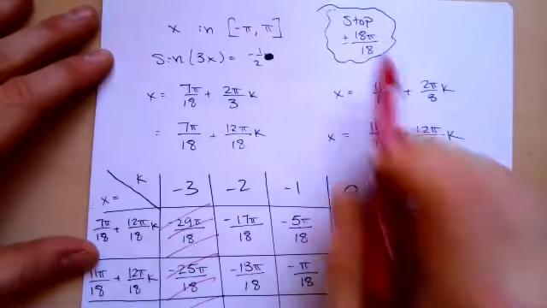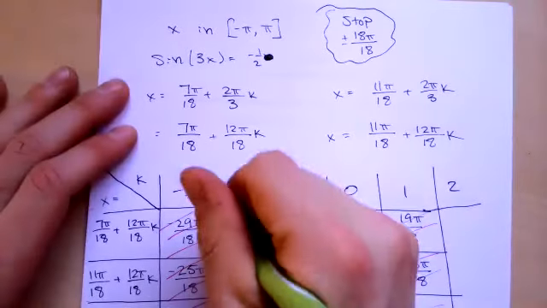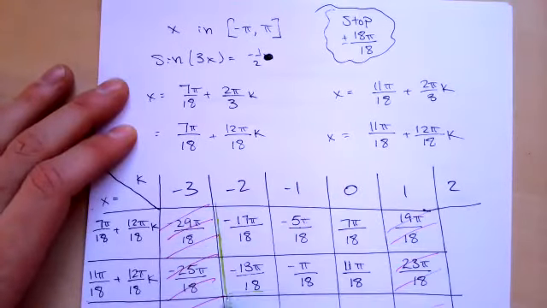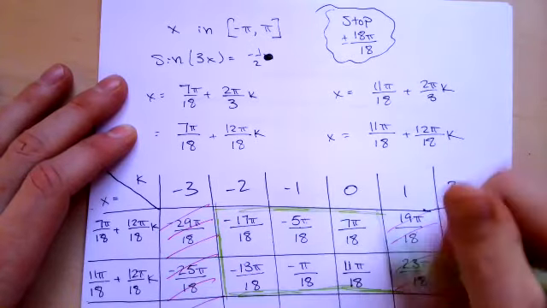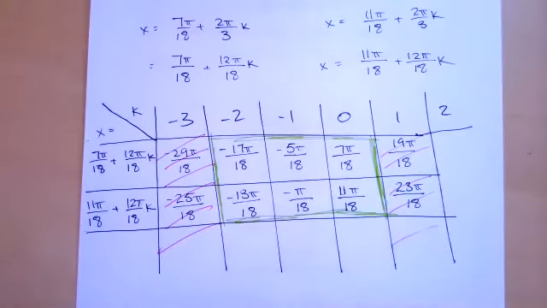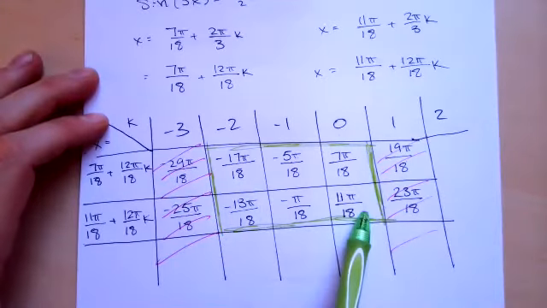Since our stopping bounds were 18 over 18, we only want these 6 values. So that is our specific solution. Since we specified a range, we only have 6 answers.